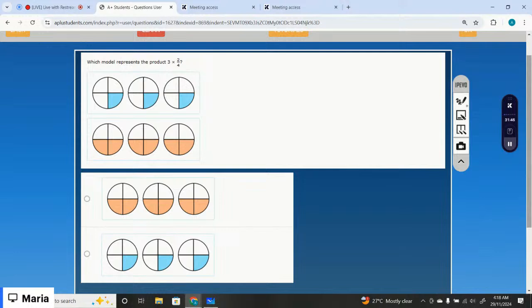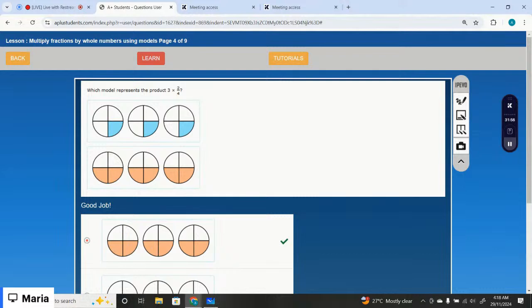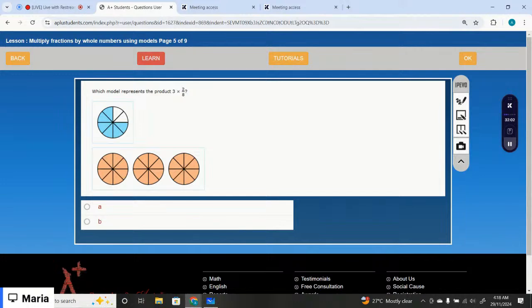Option number 1 is the correct option. That is 3 times 2 by 4. Which model represents 3 times 2 by 8? 1 or 2, which is the correct option?